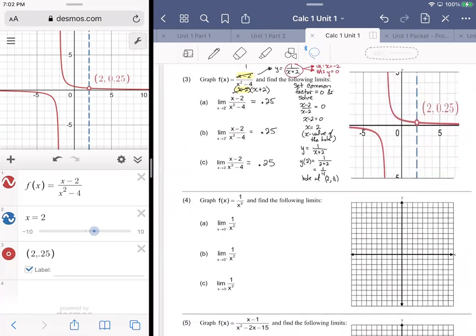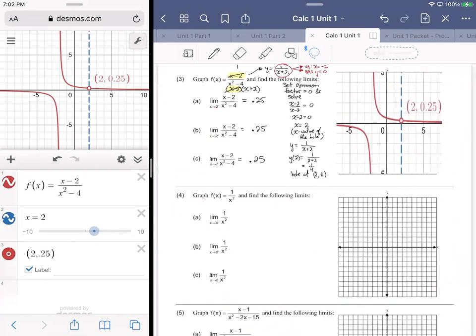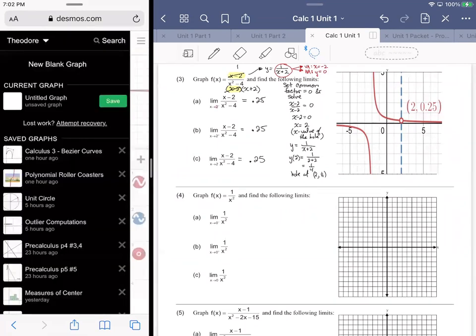So the next one, f of x equals 1 over x squared. So, you know what, I'm going to save this one because this is a good example of a point discontinuity.